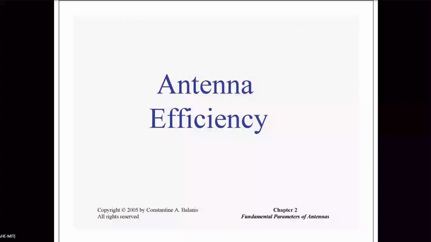The normalized radiation intensity of an antenna is given by u of theta equal to 1 for 0 less than or equal to theta less than or equal to 30 degrees, cos theta by 0.866 for 30 degrees less than or equal to theta less than or equal to 90 degrees, and 0 elsewhere.